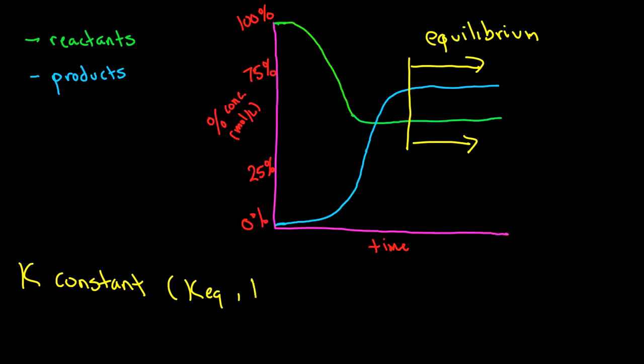You may see it as Kc for concentration equilibrium, Kp for pressure equilibrium, Ka for acids, Kb for bases, and so on. But the main idea is this K constant. The K constant is the relationship between the products and reactants at equilibrium.